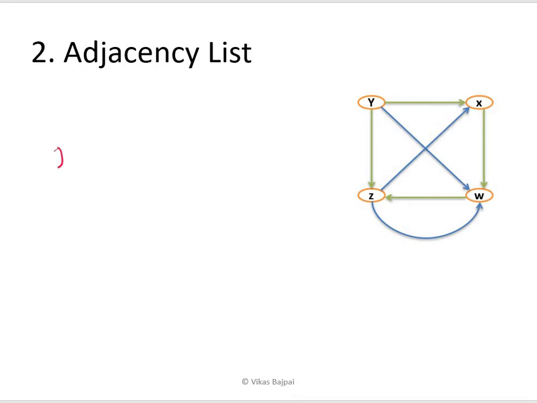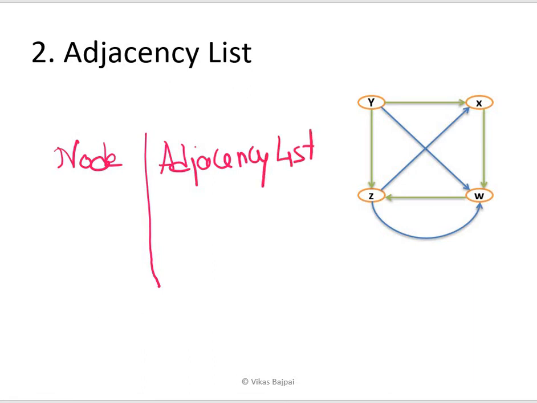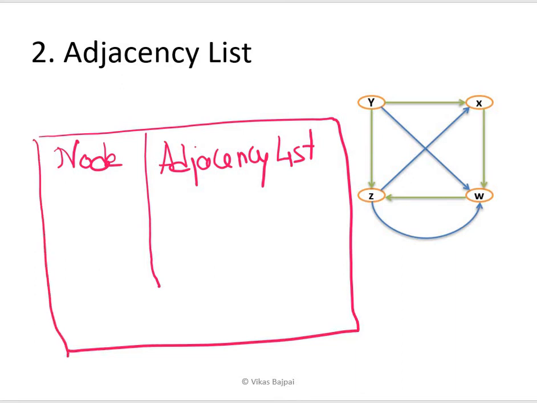This will be the column for the node, and this will be the column for your adjacency list. So how are we going to draw this table? We have nodes W, X, Y and Z. With W, how many vertices are connected?